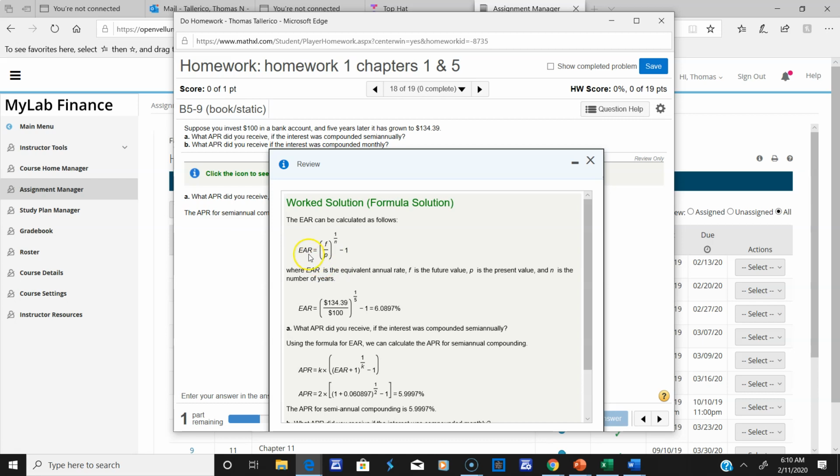And again, you could put this in Excel, and it's to the 1/n power, right? Once we plug that in here, we end up with 6.0897% as the effective annual rate, okay?